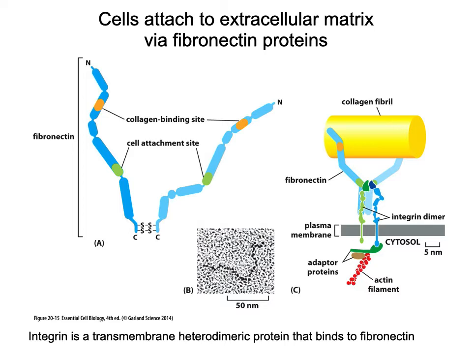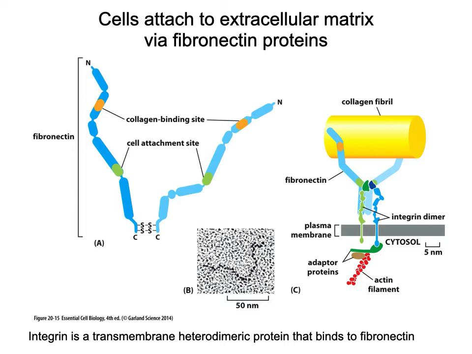It would have the actin filaments and adapter proteins allowing it to bind to this integrin. The integrin has a transmembrane portion, but then also has an extracellular portion. That extracellular portion would bind to the fibronectin. Fibronectin allows for the attachment, so it's kind of like plectin.